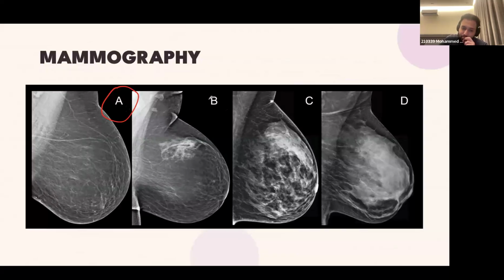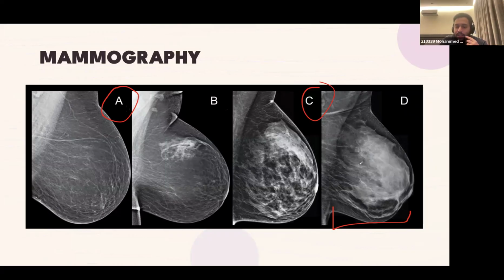This patient: below 25, 25 to 50, 50 to 75? 25 to 50. Good. This patient, 50 to 75, and this patient, over 75. What do you think the age of this patient is? Give me a range. Young. Good.